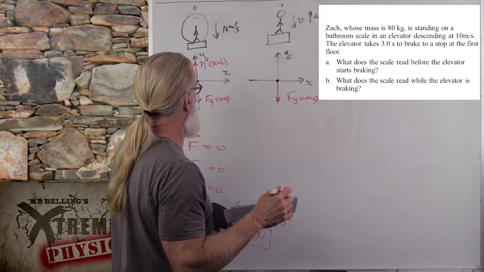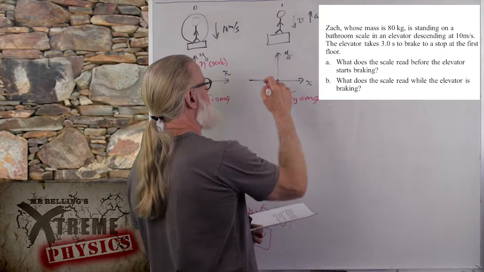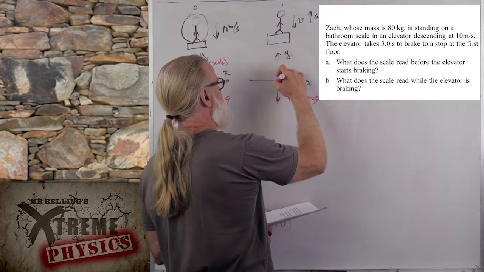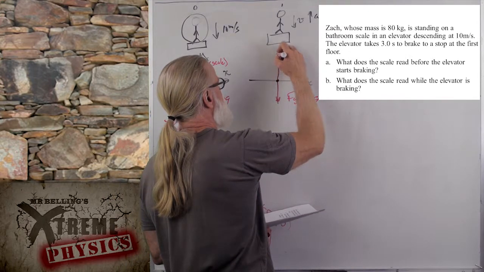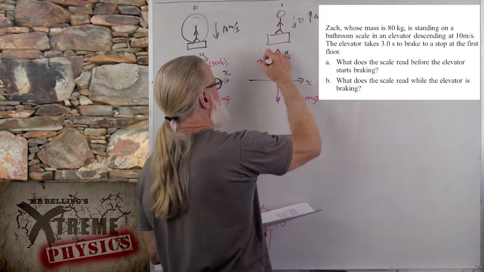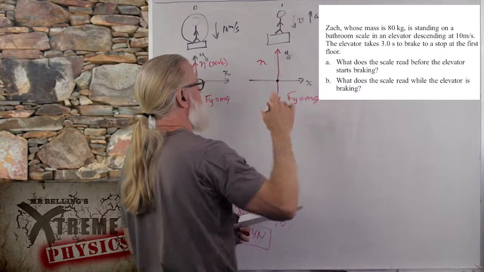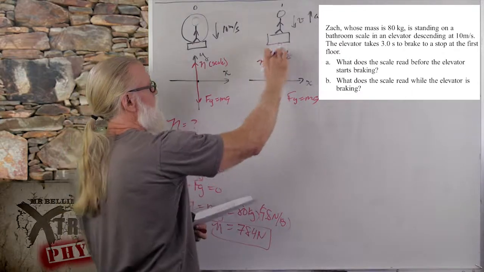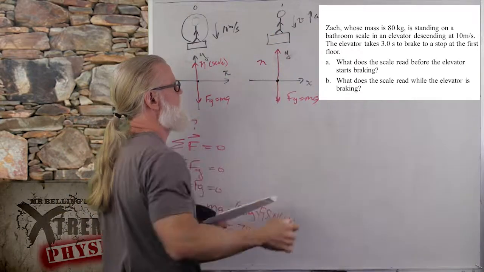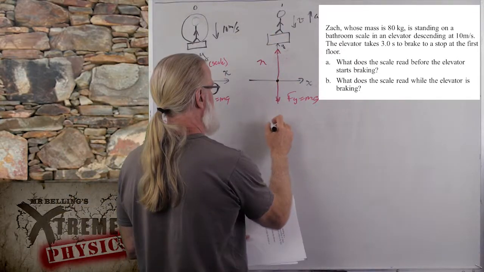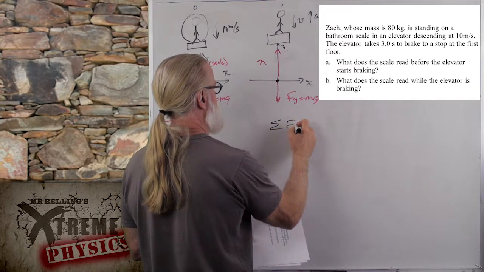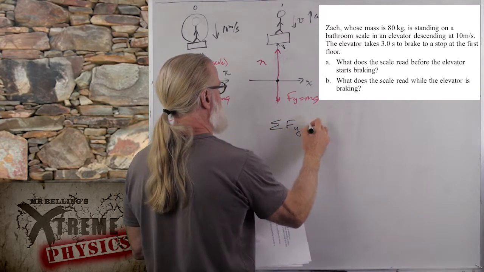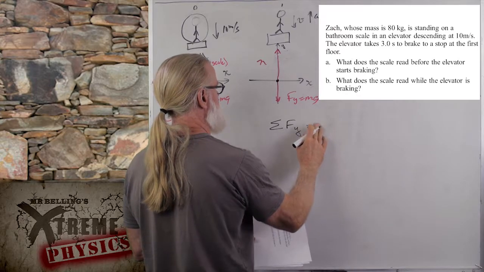All right. Anyways, he's accelerating up, so therefore there must be an upward unbalanced force. So the normal force must be larger. We're accelerating upward because we're slowing down. Sum of the forces in the y direction equals not 0.